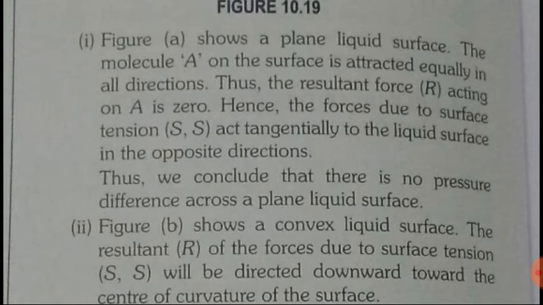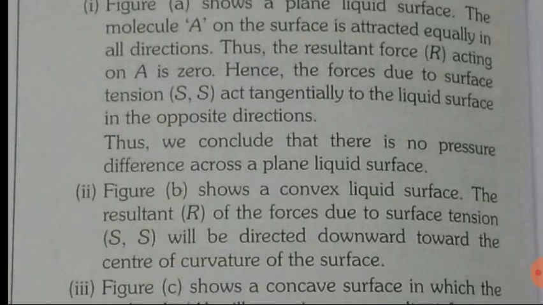The molecule A on the surface is attracted equally in all directions. Thus, the resultant force acting on A is zero. Hence, the forces due to surface tension act tangentially to the liquid surface in opposite directions. Thus, we conclude that there is no pressure difference across a plane liquid surface.